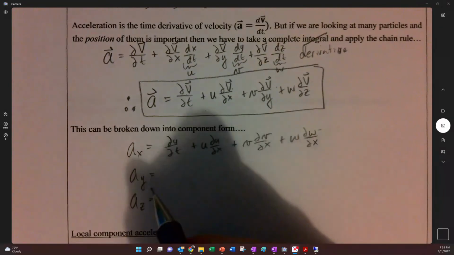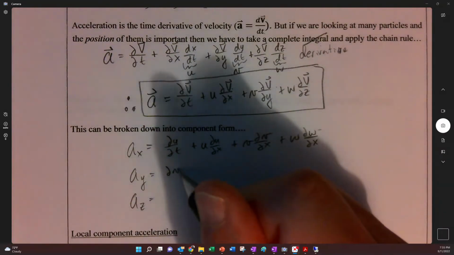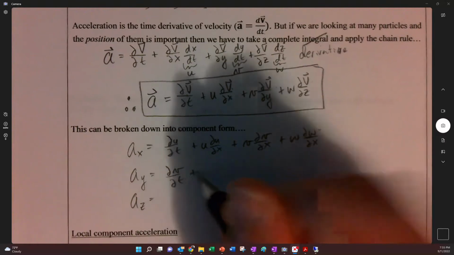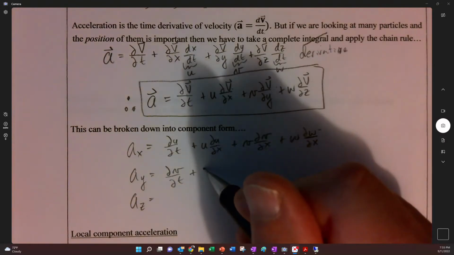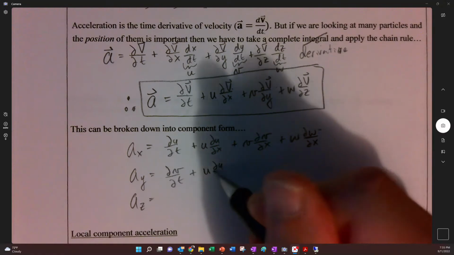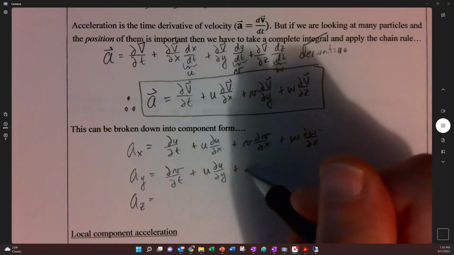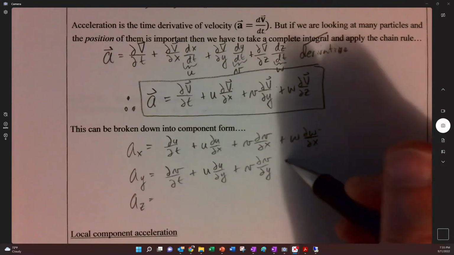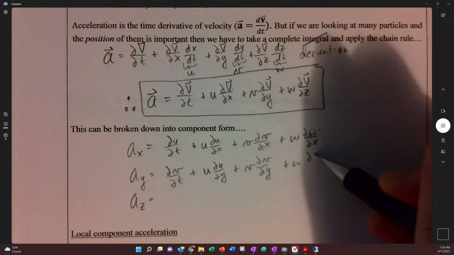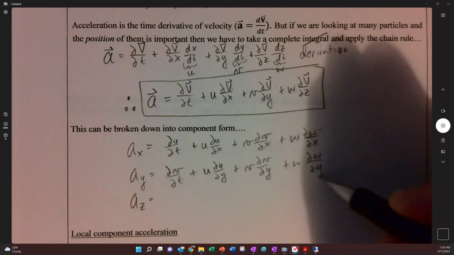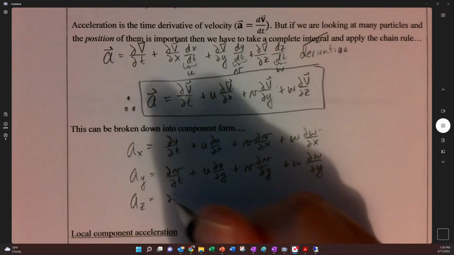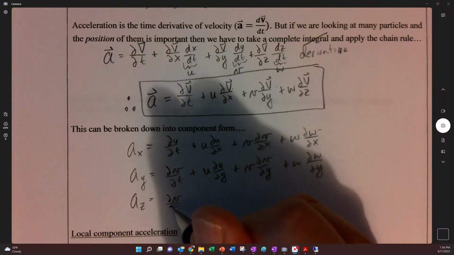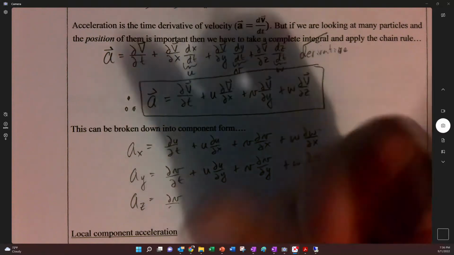Okay, so the y component, similarly, and I don't know if I want to write this in class this way, but this is going to be u del v del x plus v del v del y plus w del v del z, and then we'll have del v del t.